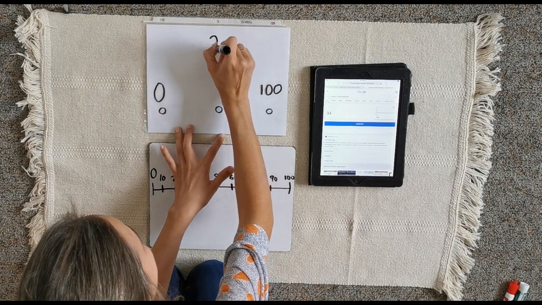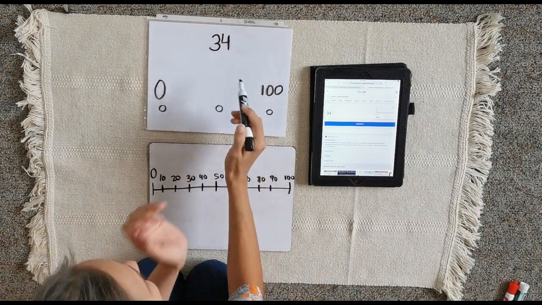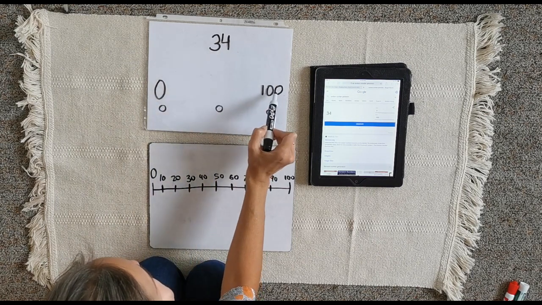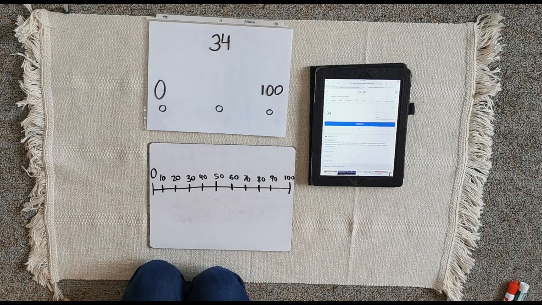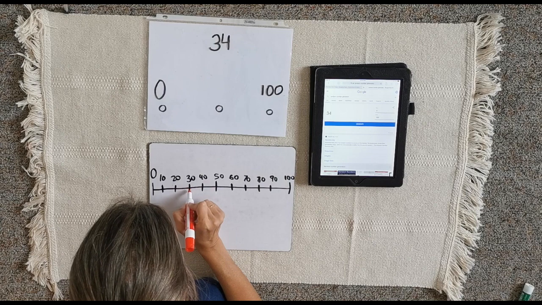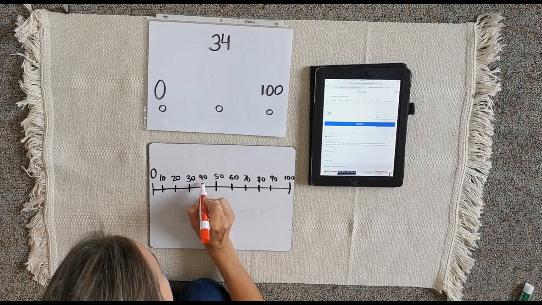34. Is 34 closer to 0, closer to 100, or just in the middle? Pues let's see. We need to place 34 in the number line. I'm gonna use another marker, another color. 30 is over here. 40 is over here.